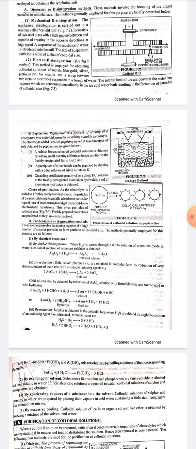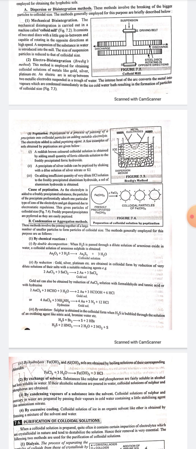By reduction: gold, silver and platinum are obtained in colloidal form by reduction of very dilute solutions of their salts with a suitable reducing agent. 2AuCl3 plus 3SnCl2 gives 2Au gold sol plus 3SnCl4.